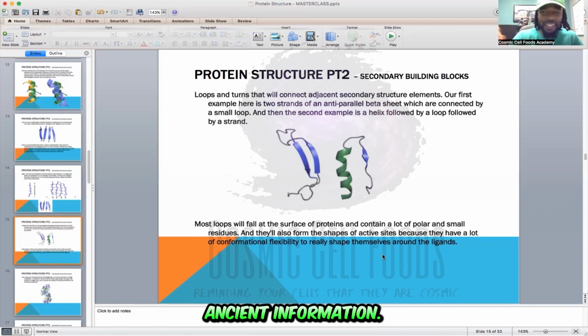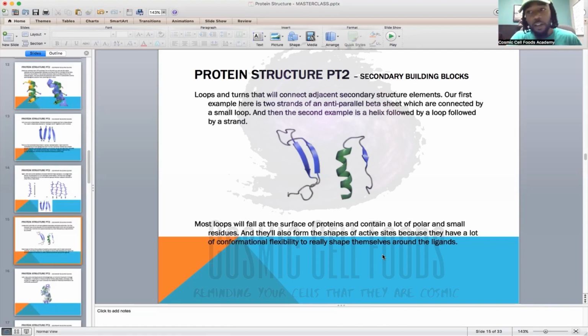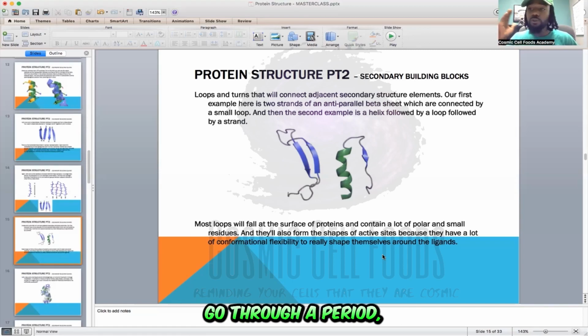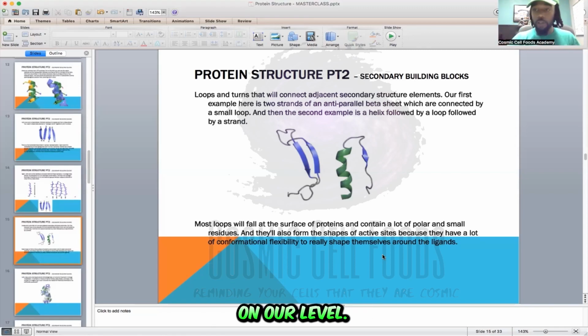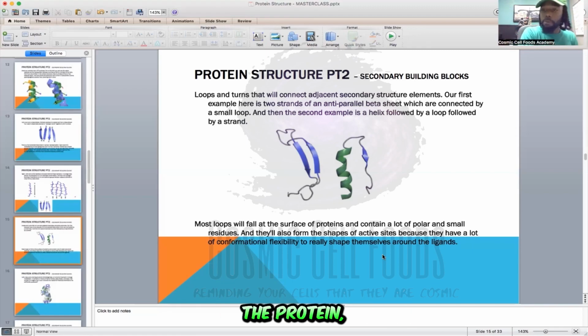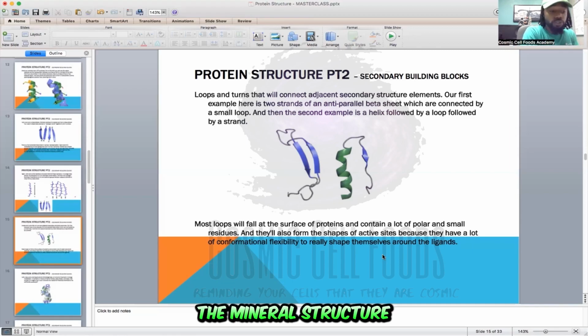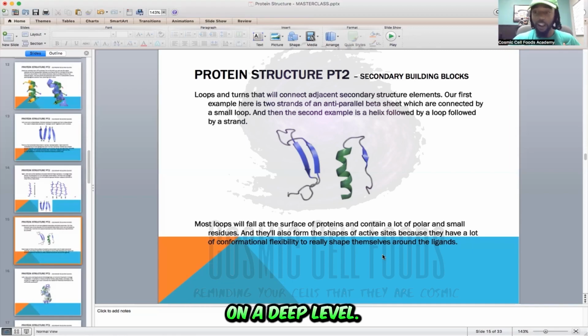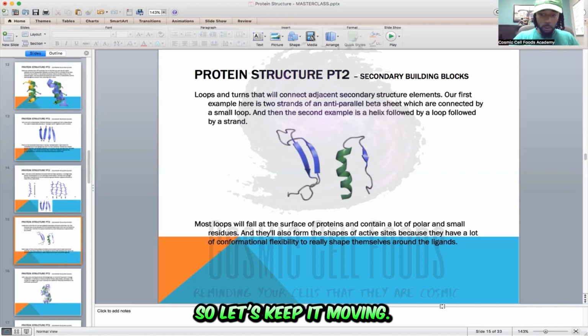All right. And this was our ancient information. We've been through this stuff. You know, we had to go through a period, but now it's time to re-educate ourselves on our level. But we have to truly understand the full granular scale. We got to go to the intercellular scale. We got to go to the protein, the amino acid, the mineral structure to understand ourselves on the deeper level. All right. So let's keep it moving.